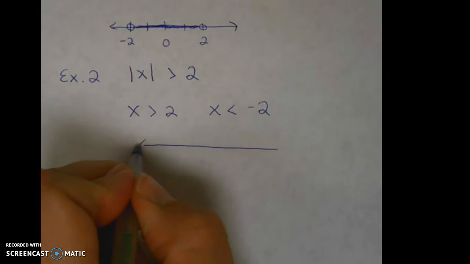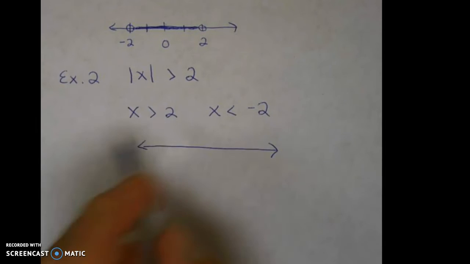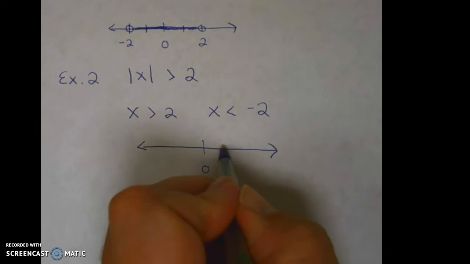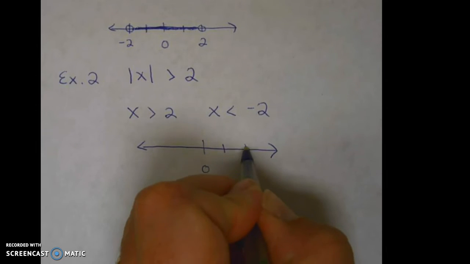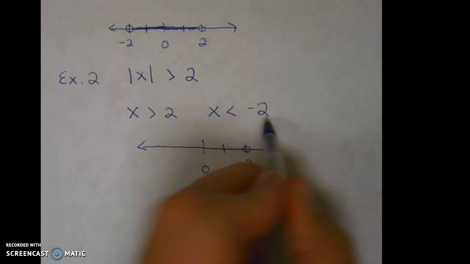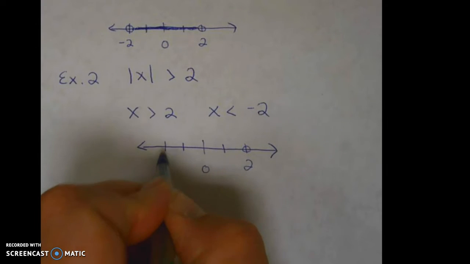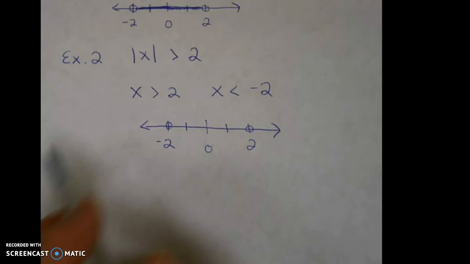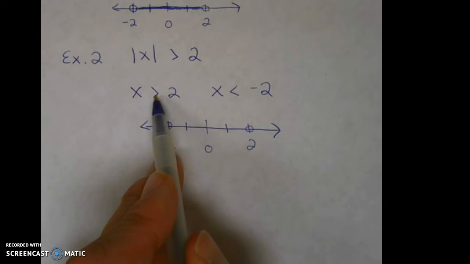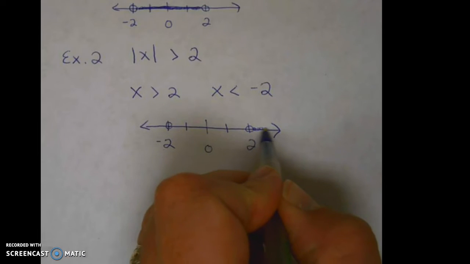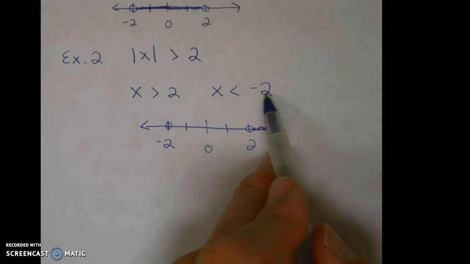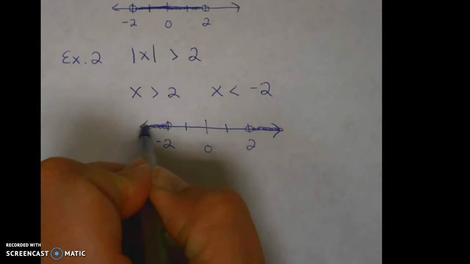Graphing this answer, we're going to again put an open dot at 2 and an open dot at negative 2. And now let's determine where to shade. All values greater than 2, so we're going to shade to the right. All values less than negative 2, so here we're going to shade to the left.